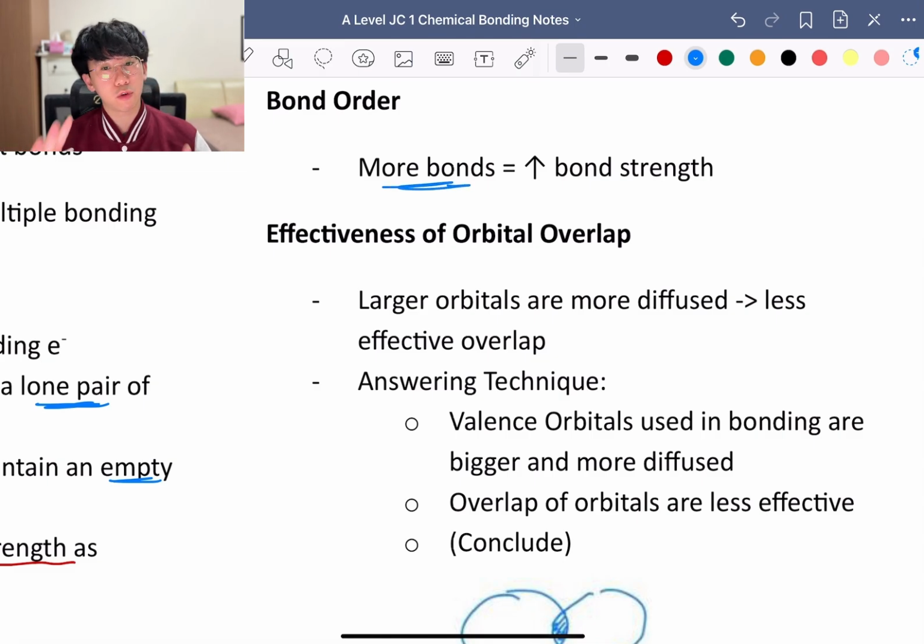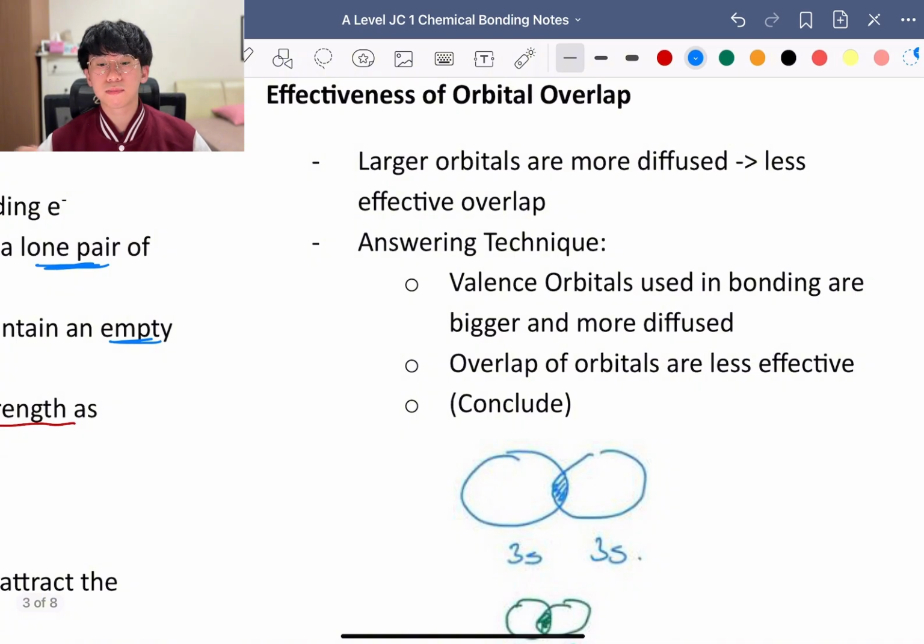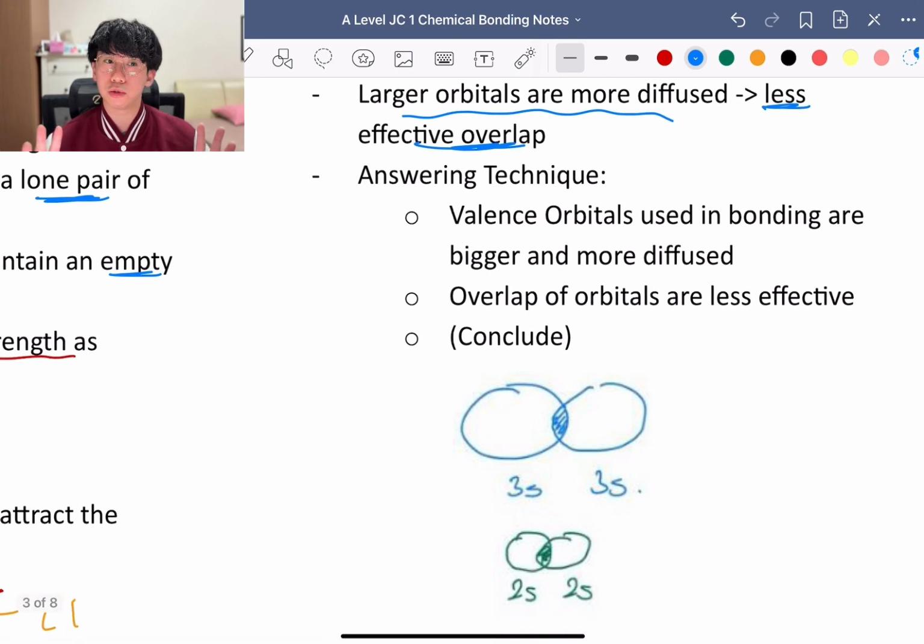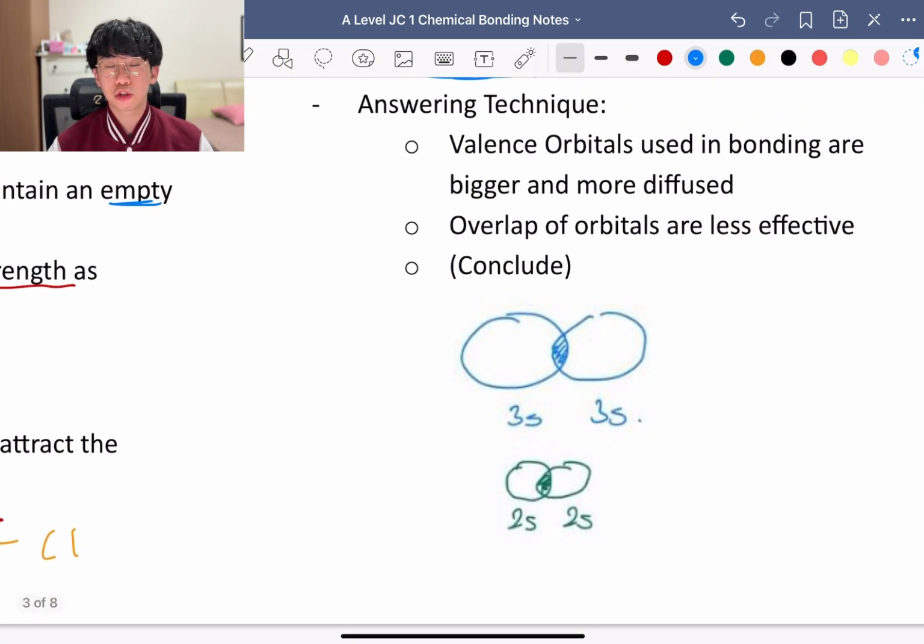Next is effectiveness of overlap of the orbitals. So when you have larger orbitals, they tend to be more diffused and there is less effective overlap. You can think of it like the surface area of overlap or the surface area of contact between the two orbitals. I know this is a bit hard to visualize, so I have a little diagram over here where you can see that in a 3s orbital, 3s tends to be bigger than the 2s, right?